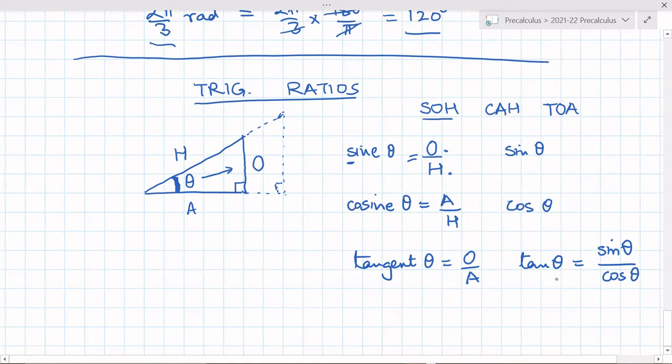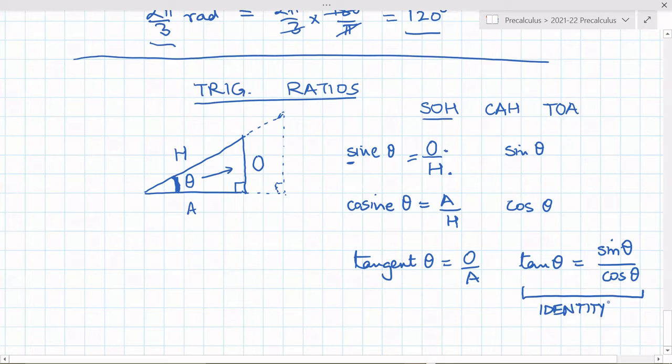Okay, when we have an equality like this, which is true no matter what this variable value is, these are called identities. This is an example of a trig identity, trigonometric identity, right? Tan theta is always equal to sine theta over cosine theta.